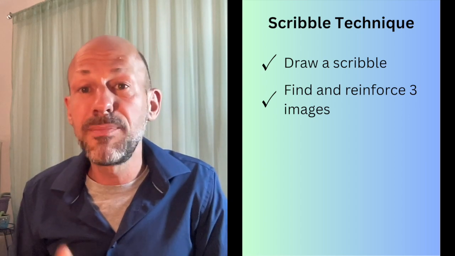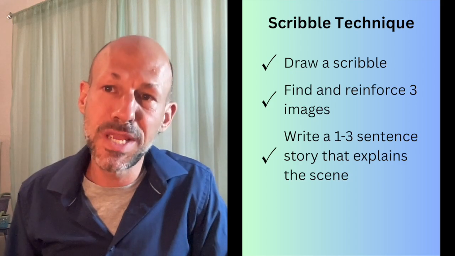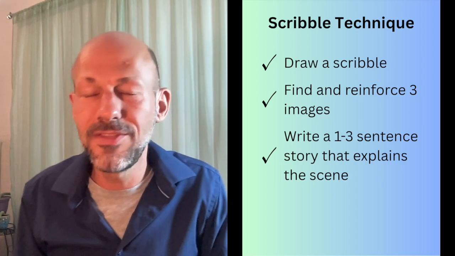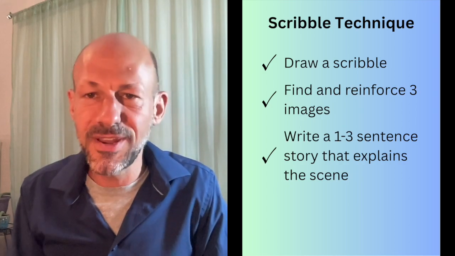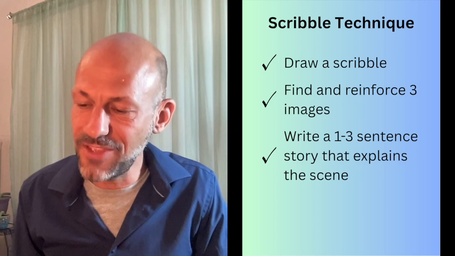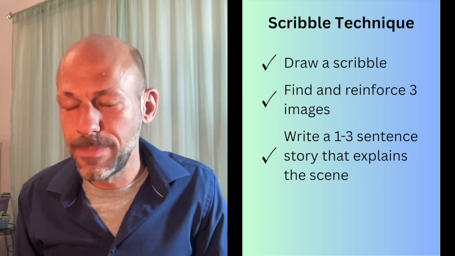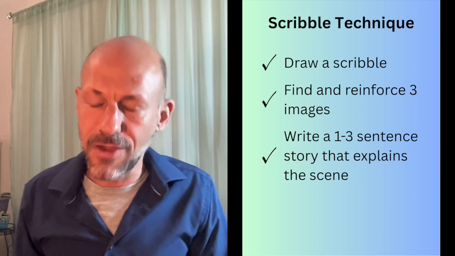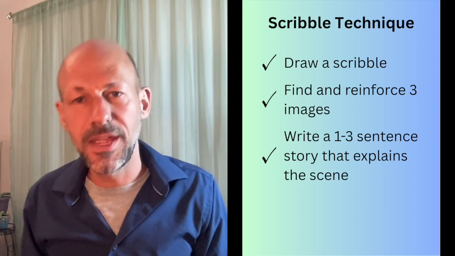And now we go to step 3, which is to tell a little story, and by little story I mean 1 or 2 sentences, that explains what is happening in this scene. How do these different objects or entities or whatever they are in the scene connect with one another? So let's say, for example, I had found in the scribble a rabbit and a snake and a stop sign.